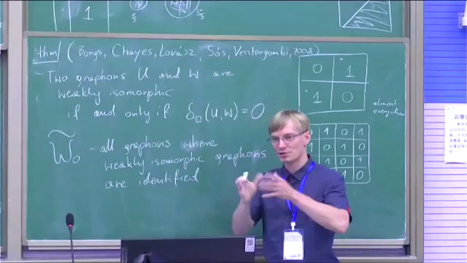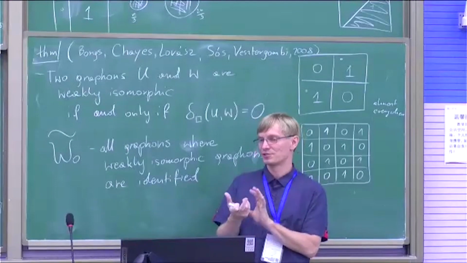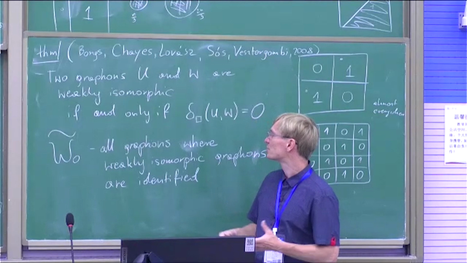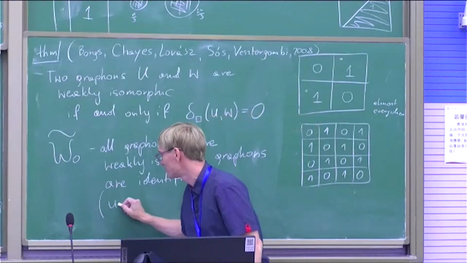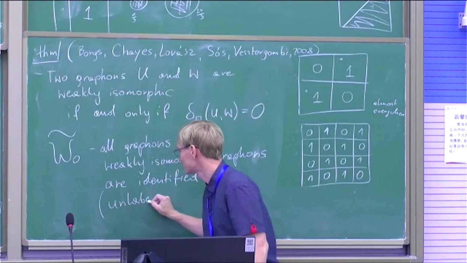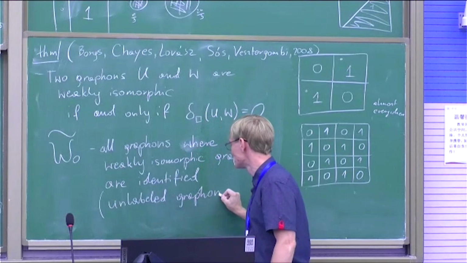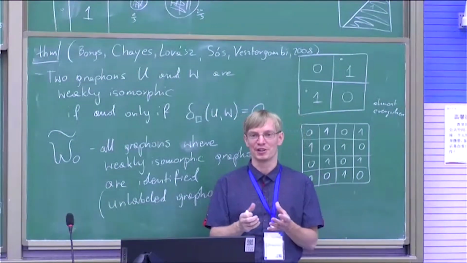So I consider all the ones that have cut distance 0 as the same. Now I look at such a space. This is called unlabeled graphons. You can think about it as an equivalent of unlabeled graphs, right?